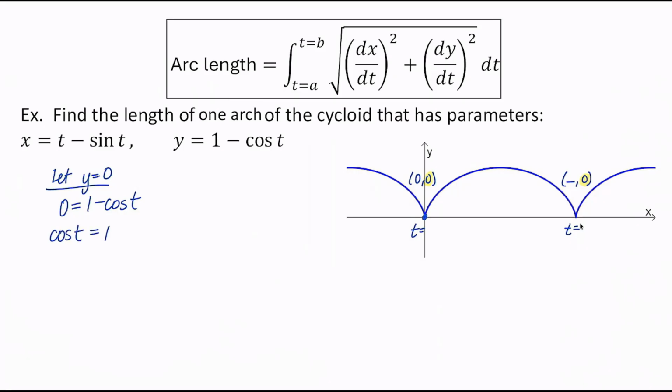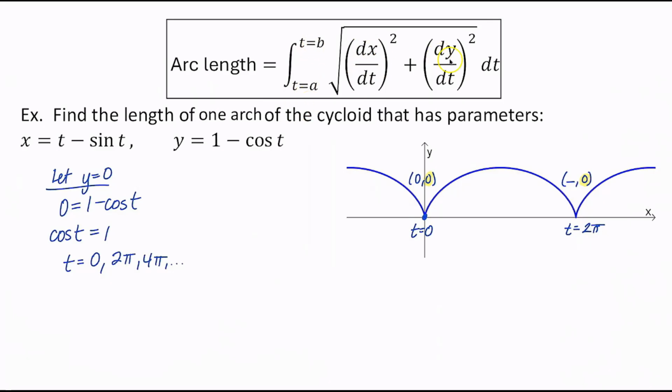The same equation from before. So t must be 0, and then we have to go all the way around the unit circle again. So 2 pi and 4 pi and so on. But the relevant values for us are, once again, 0 and 2 pi. So those are going to be my limits of integration, 0 and 2 pi.